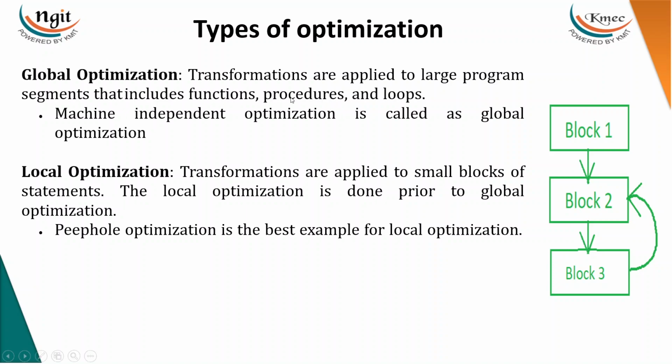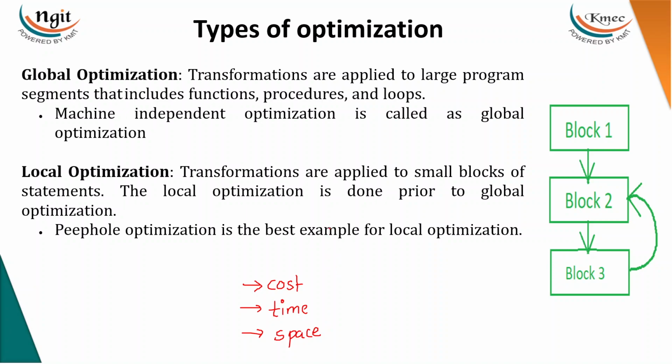First, what is meant by optimization? Optimization is nothing but reducing the code in terms of cost, or in terms of time, or in terms of space, meaning the number of instructions or the memory.